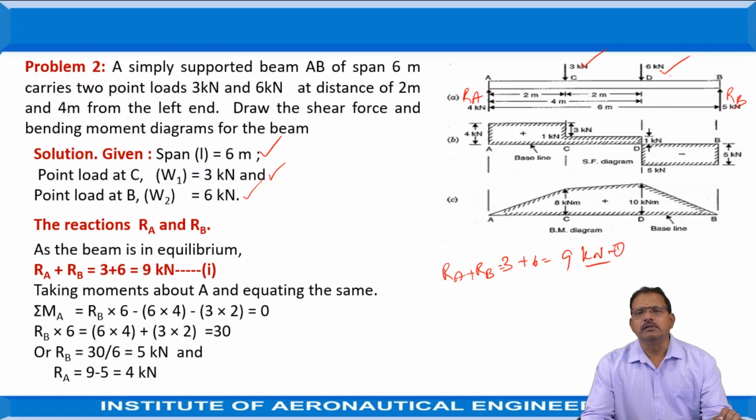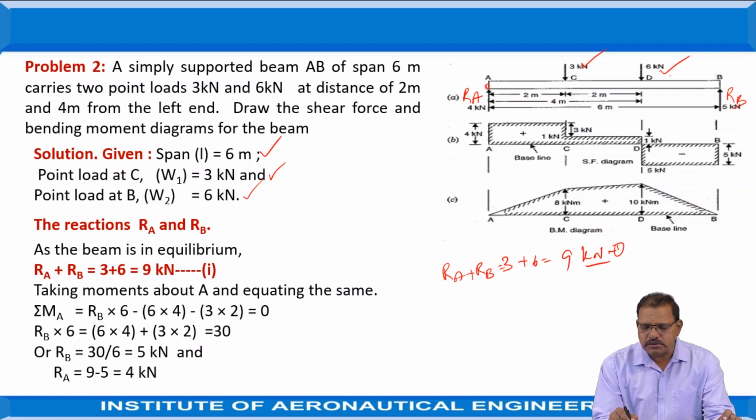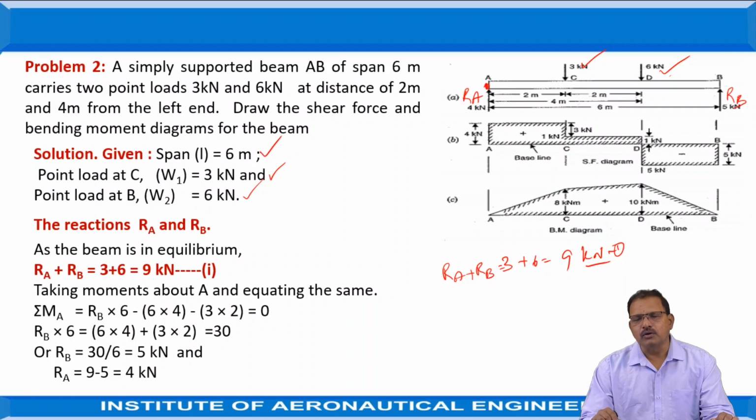And one more equation is that the moments created by these forces at any point should be equal to 0. Generally, the preferable point is always the left-hand point. The moments created by the forces RB, 6 kilonewtons and 3 kilonewtons at C should be equal to 0 at point A. So MA is equal to 0. We take moments which tend to rotate the beam in the anti-clockwise direction as positive and clockwise direction as negative.